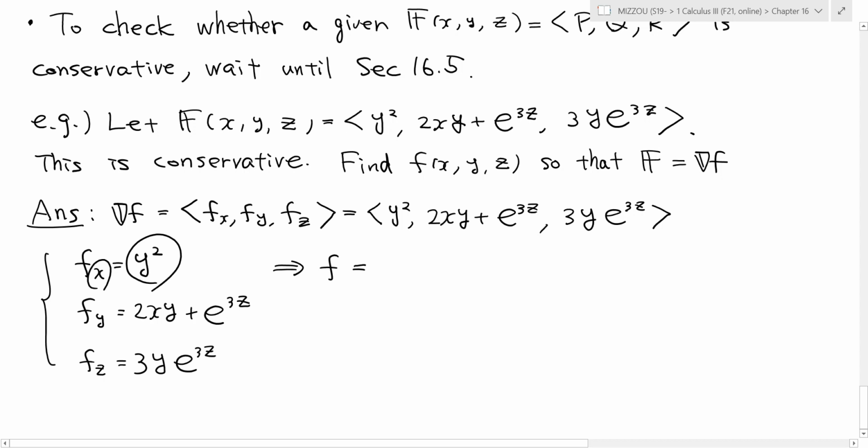So that means y squared is treated as a constant, so y squared x plus, well, don't forget to add c, the constant of integration. But for this procedure, you are considering y and z as constants. So that means the constant of integration is actually a function of y and z.